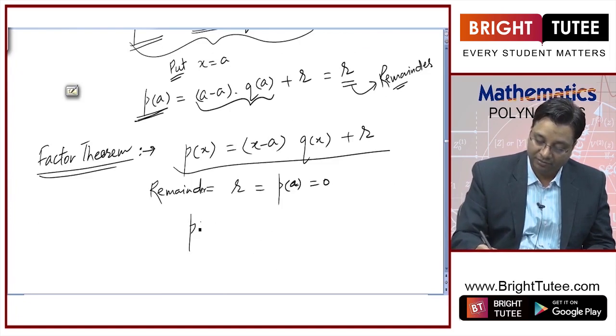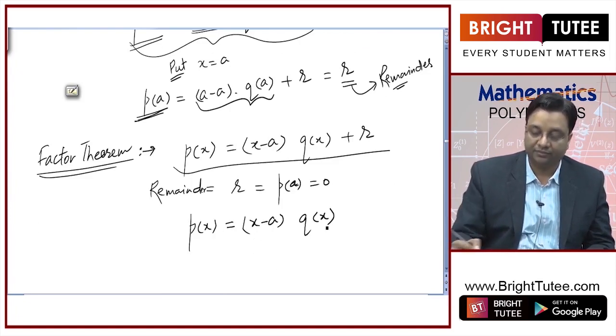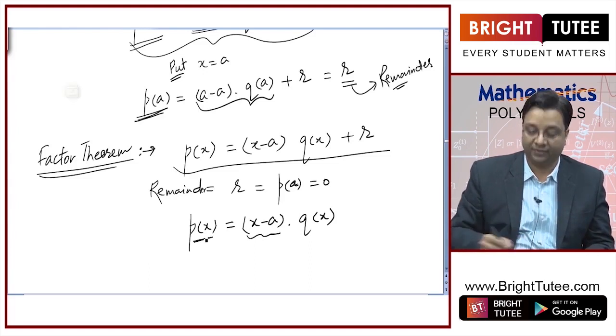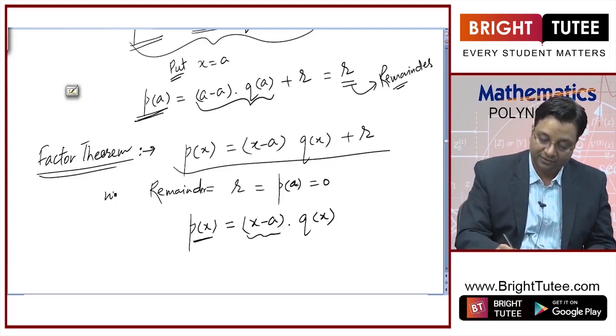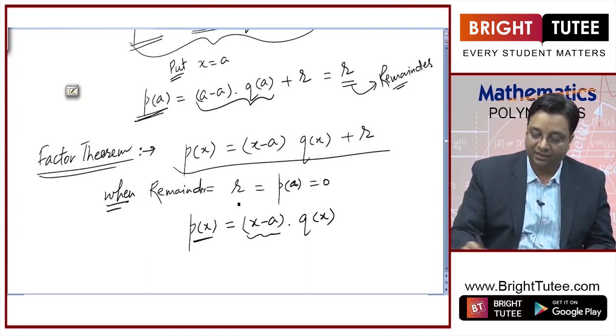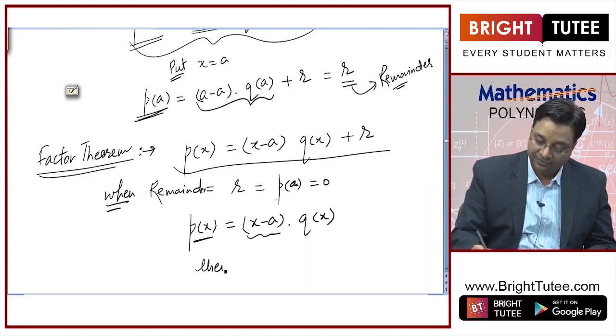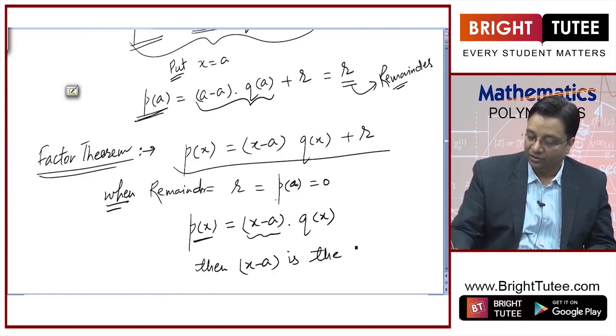This expression will become P of x equal to x minus a into q of x, right? So x minus a is a factor of the polynomial P of x. In this case, when the remainder r or P of a is equal to 0, then x minus a is a factor of polynomial P of x.